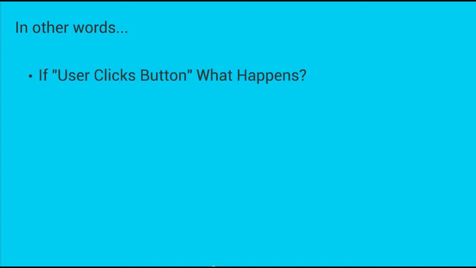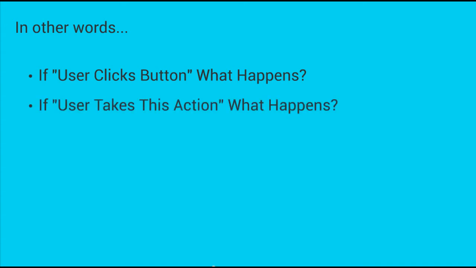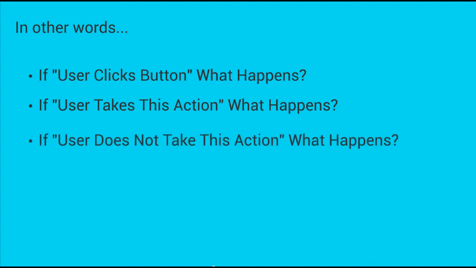So in other words, let's say, for example, if a user clicks a button, you're going to write down what happens. If the user takes a specific action, then what happens? If the user does not take that action, then what happens? So you're really going to have to figure out basically all the steps of the process.